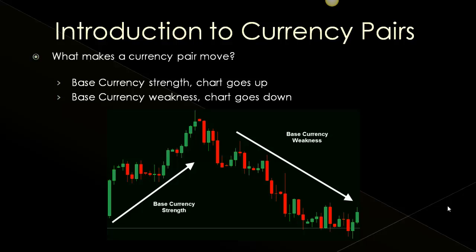On the other hand, when the base currency weakens, in our example, the Euro-USD, the chart will go down. And you can see that as this currency weakens, the candles start forming lower and lower on the price chart. Now, it's important to remember that this is a comparison between one currency and another. If the base currency strengthens, the price will go up. If the quote currency strengthens, the price will go down.